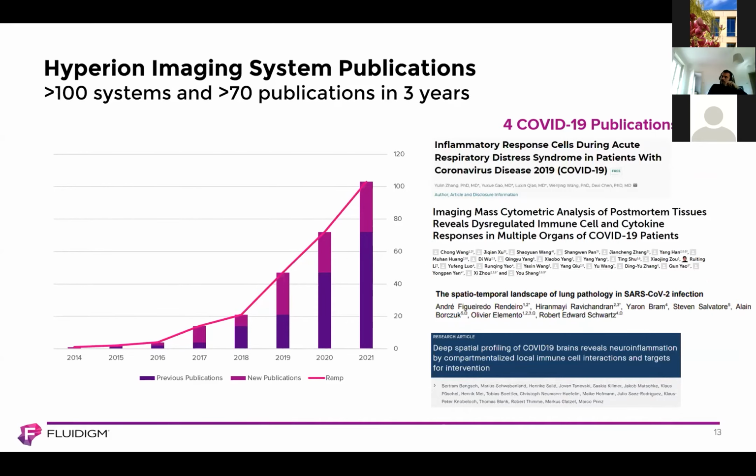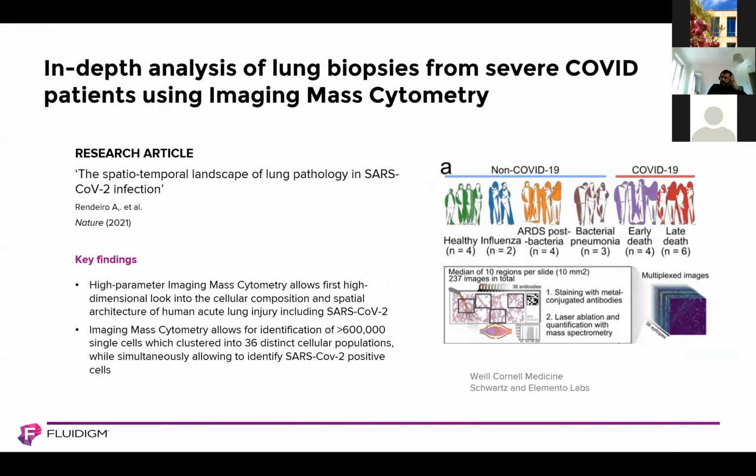And one very interesting one that came out is one that was recently published in Nature by the Schwartz and Elemental Labs in Cornell, in which they were capable of taking lung biopsies from different patients who, unfortunately, of course, died due to COVID-19.